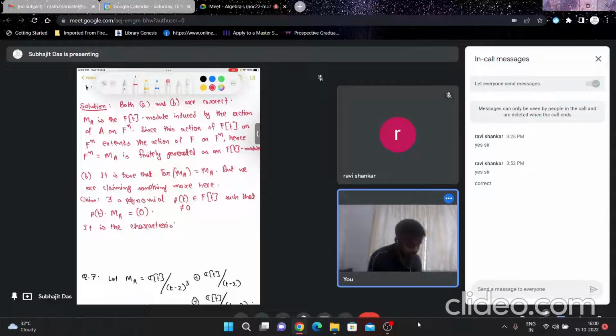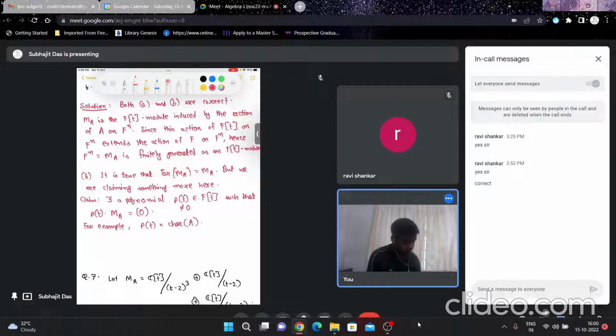So it is the characteristic polynomial of the matrix A. Okay, so for example, it's not unique. For example, p(t) is equal to the characteristic polynomial of A, right?